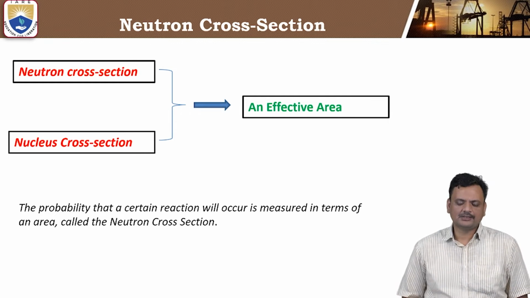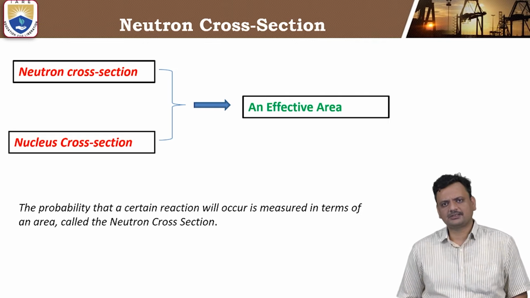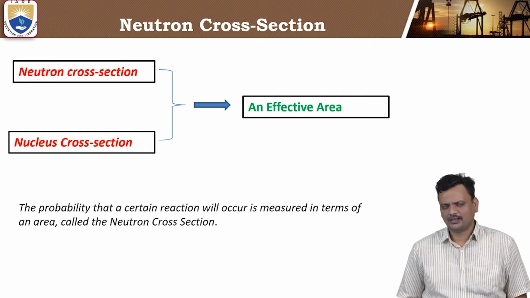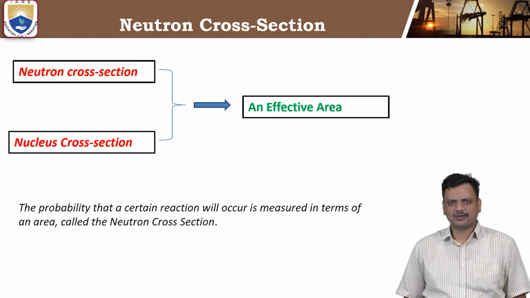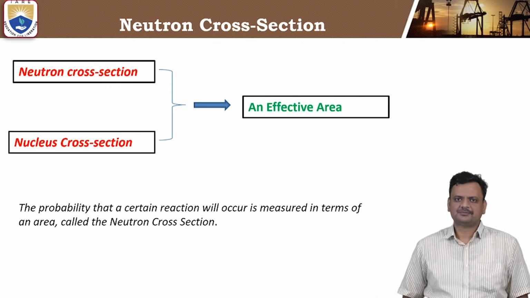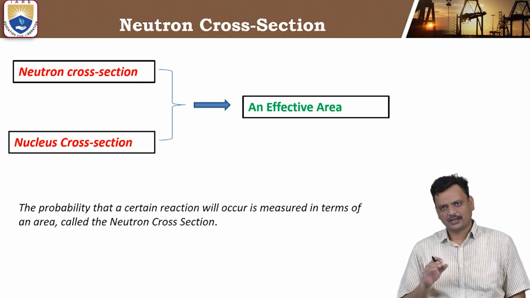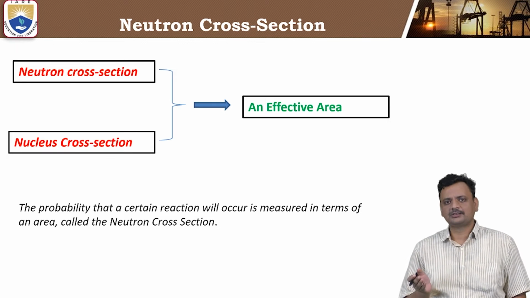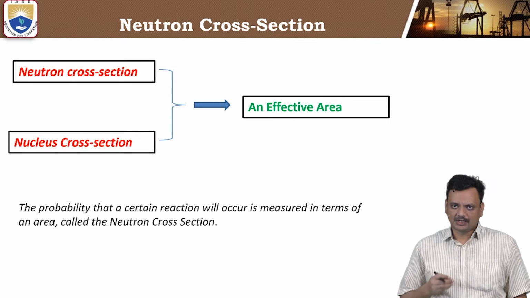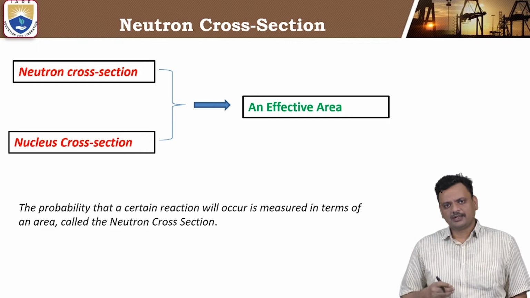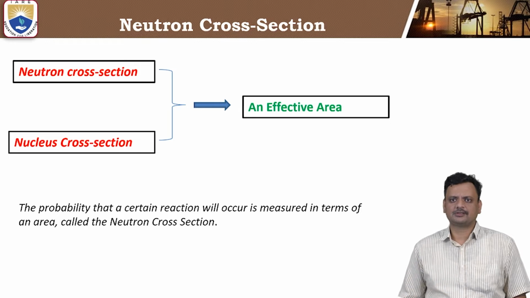Both neutron cross section and nucleus cross section are equally the same, because neither the nucleus alone nor the neutron alone can make reactions. So whatever the possible region, that region is known for both, for neutron and for nucleus.